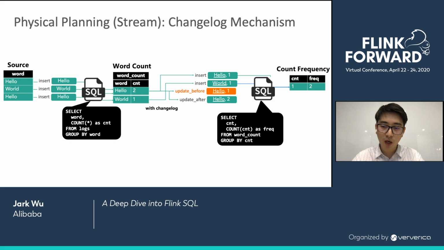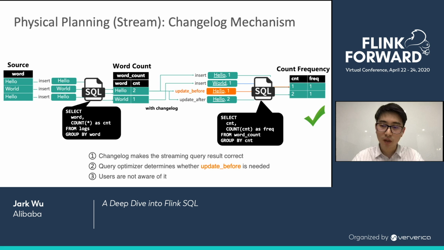When the update before arrives at the second aggregation, it will first do the retraction for this record to minus the frequency from 2 to 1, and then the update after will arrive at the second aggregation. It will do the accumulation for this record. It will insert count 2, frequency 1 into the result table.